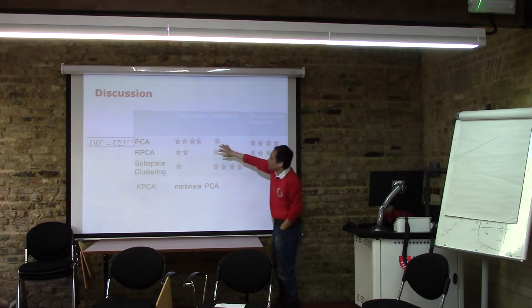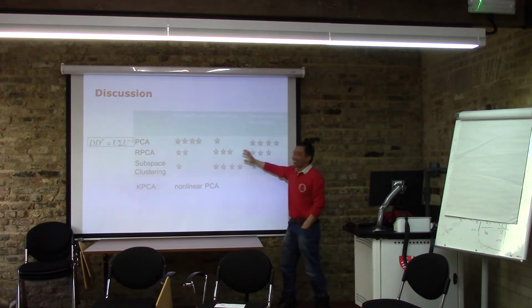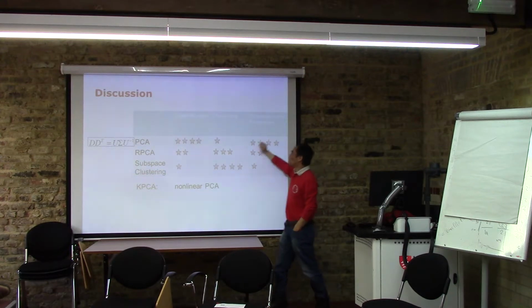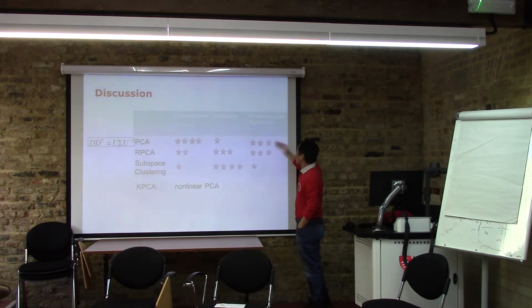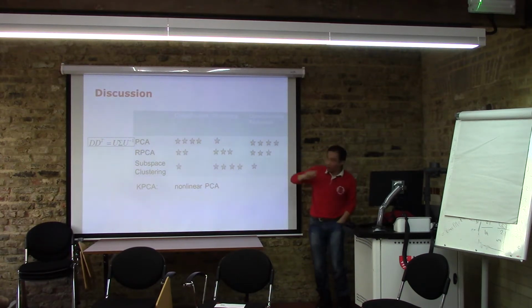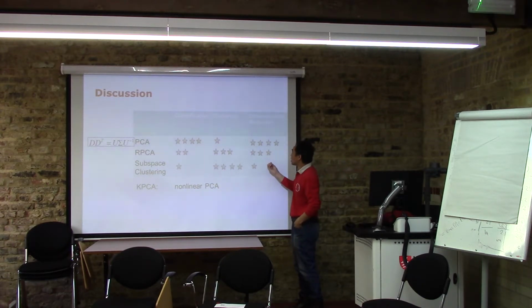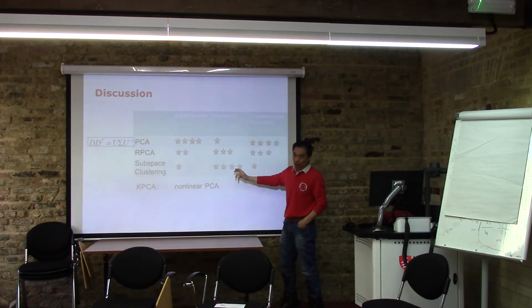PCA, this is the formula. Don't ask me anymore, I forgot. It's suitable for classification and mostly for dimension reduction. It doesn't perform very well in clustering. RPCA is motivated by clustering, and subspace is almost for clustering only.